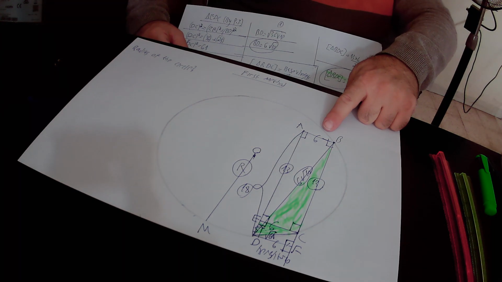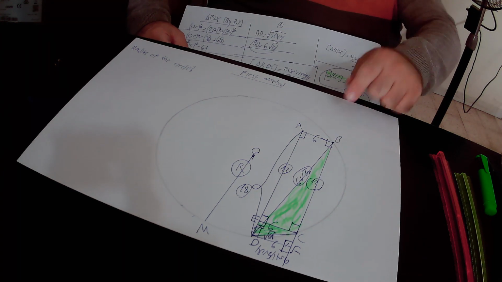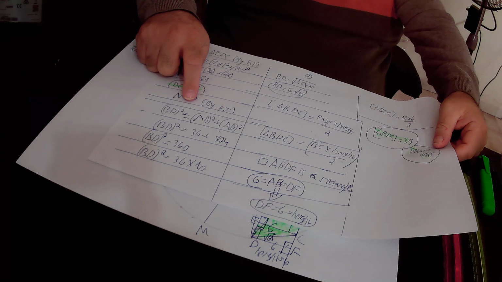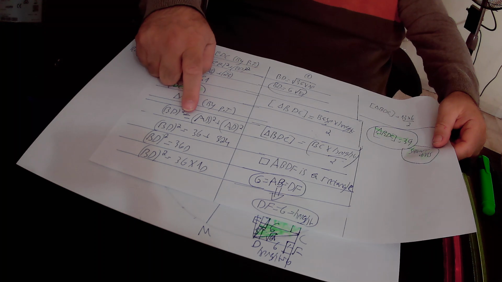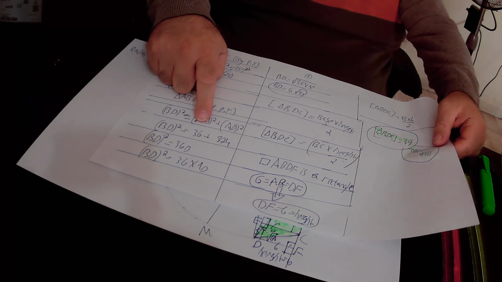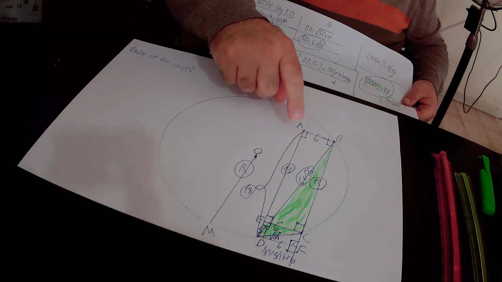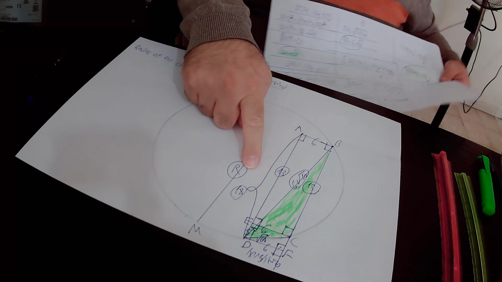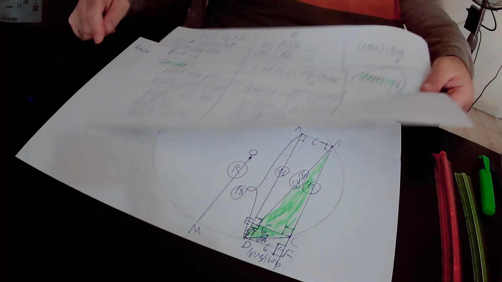Here AB equals 6, therefore AB square is 6 square, that is 36. So BD square equals 36 plus AD square. Here AD equals 18 units, therefore AD square equals 18 square, that is 324.